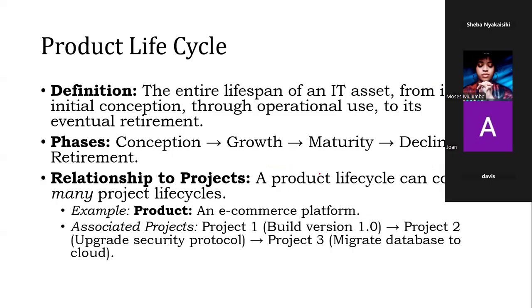So the product life cycle, we're looking at the entire lifespan. So take an example. We have Moodle that has been set up. So Moodle we're looking at from the time it has been set up and it's operational to the time when it's obsolete, when it's no longer necessary. So that's not the same as project life cycle.